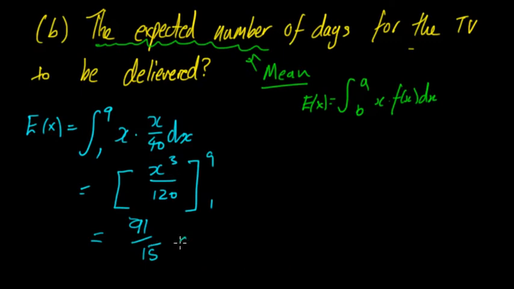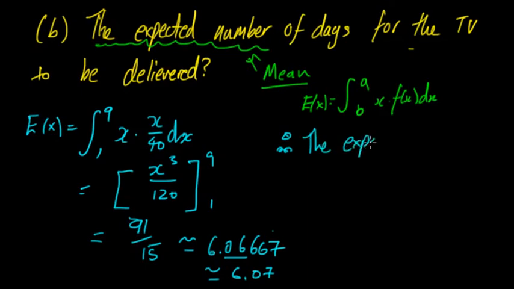So this is approximately equal to 6.06667. So then to two decimal places, it's 6.07. So therefore you have to write, as I said, a worded answer. So the expected number of days for your TV to be delivered is 6.07 days. And once again, remember the days.